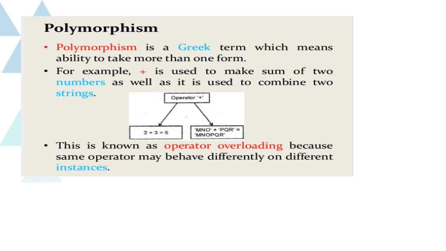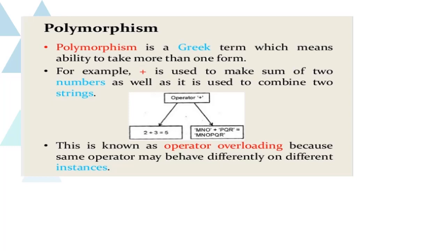Polymorphism is a Greek term which means ability to take more than one form. For example, plus is used to make the sum of two numbers as well as to combine two strings. This is known as operator overloading because the same operator may behave differently on different instances.